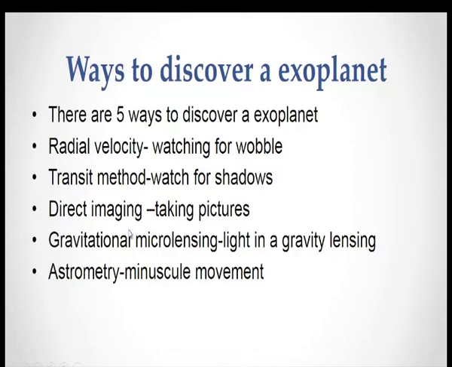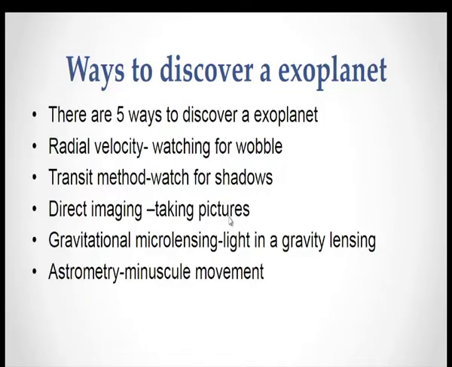Then direct imaging, taking pictures of the exoplanet. This is a difficult one because the star around which the planet is rotating gives out a huge amount of light, like our sun itself. By blocking that huge amount of light, the picture of the planet has to be taken.